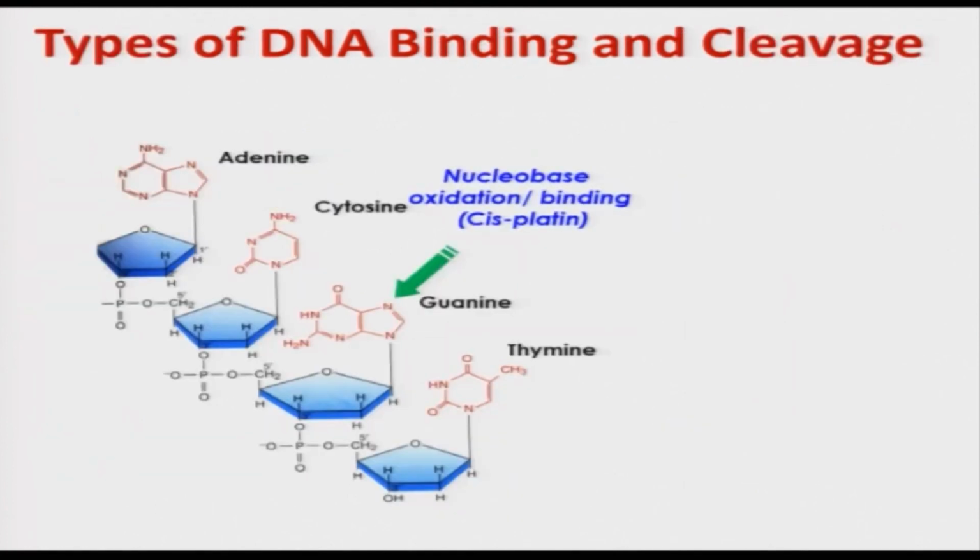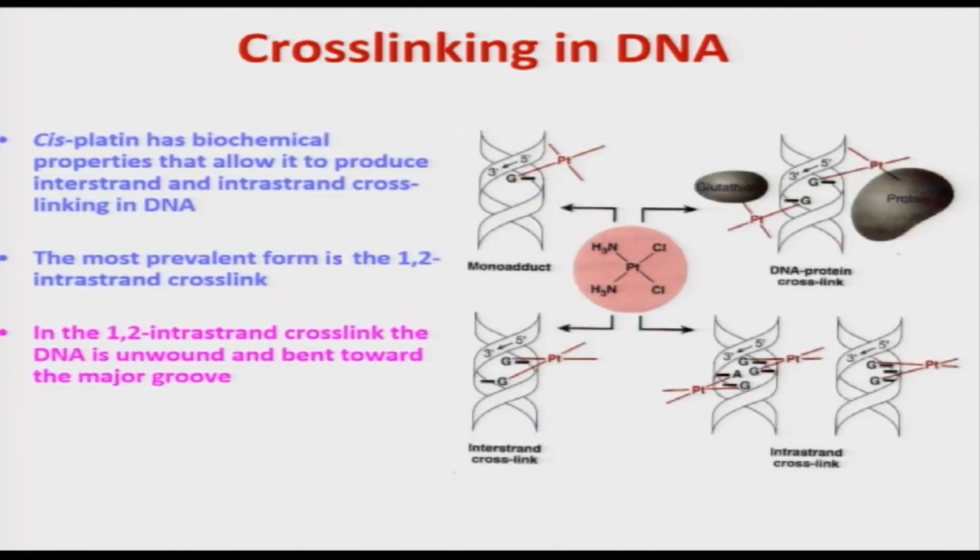Now, cisplatin is able to bind to the guanine nitrogen, this is the N7 position. It binds over here, and we will see the details of this kind of binding soon, but it binds in the N7 position of the guanine. This is the most preferred position in DNA.